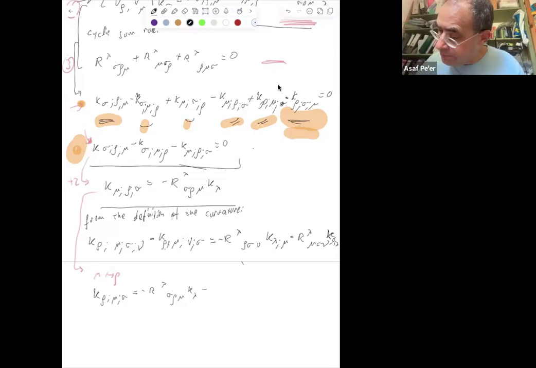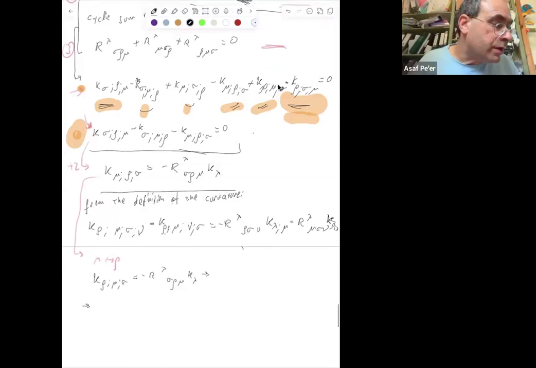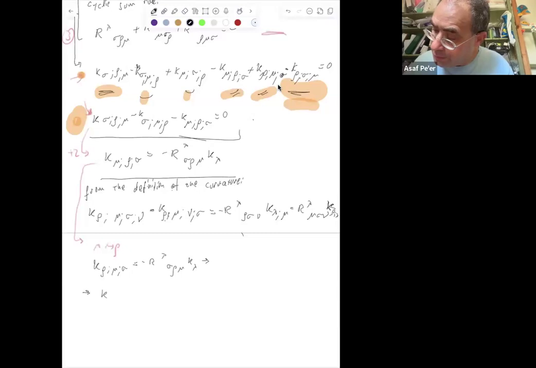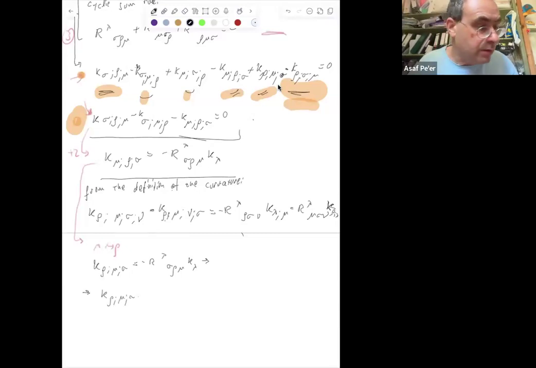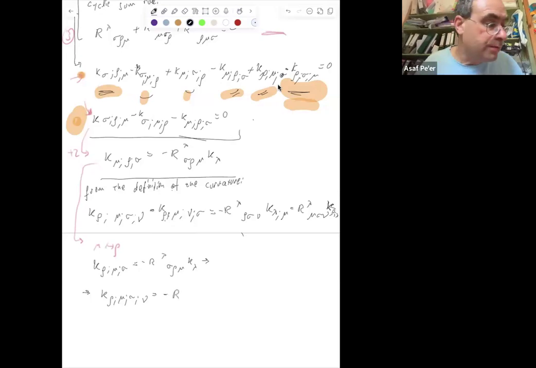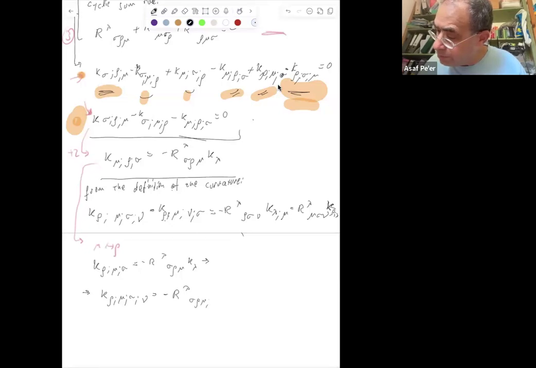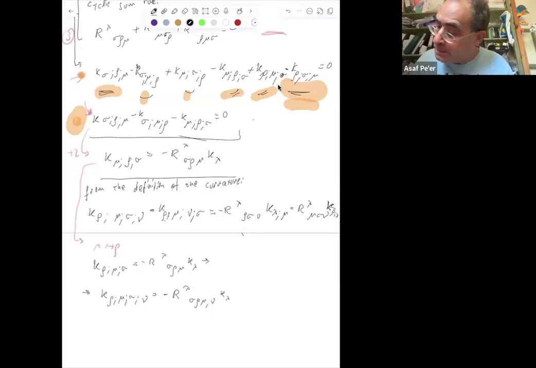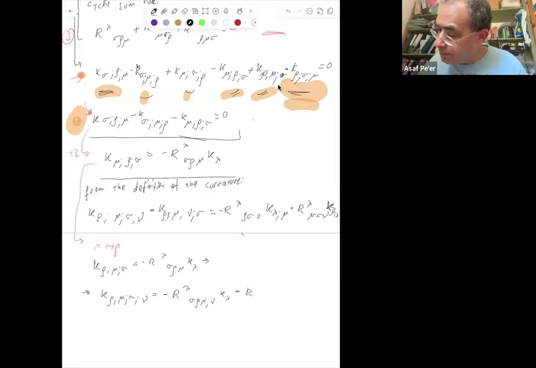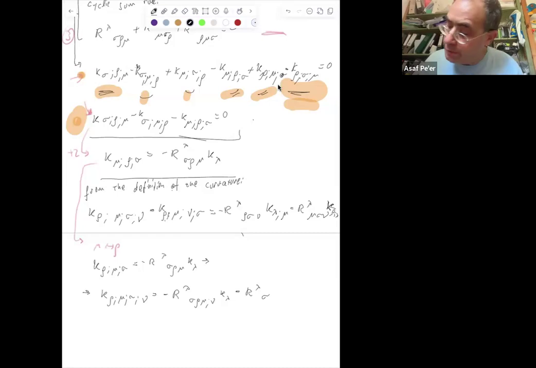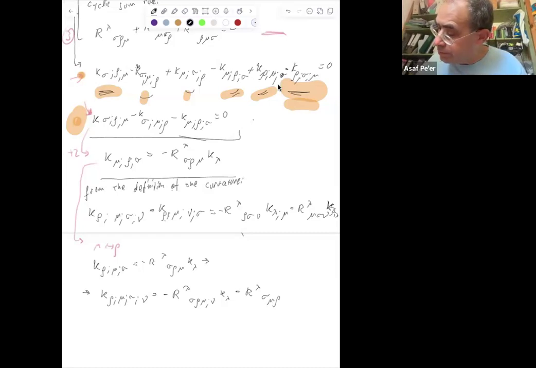And when I take the derivative, I get that K rho mu sigma nu is minus R lambda sigma rho mu nu K lambda minus R lambda sigma mu rho K lambda nu.